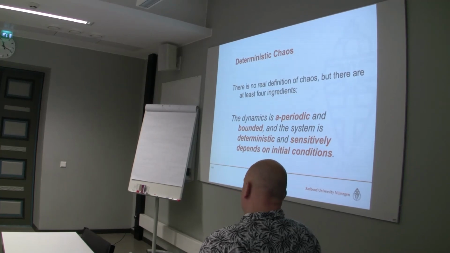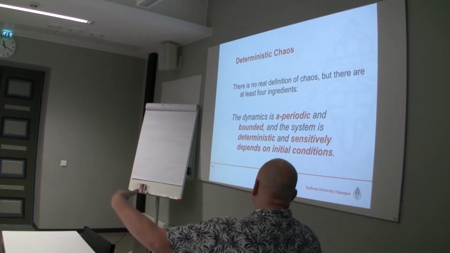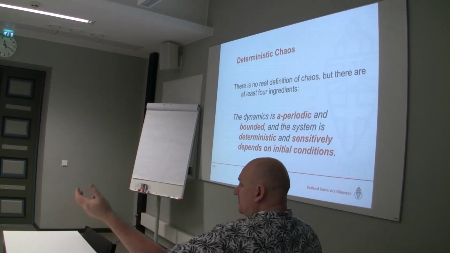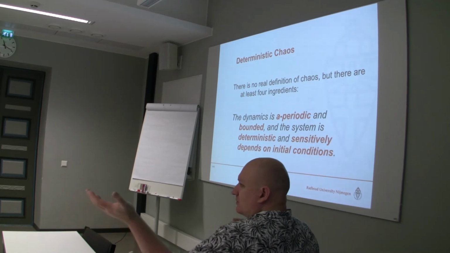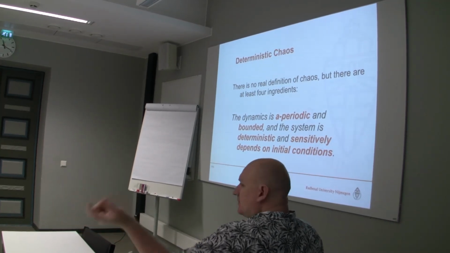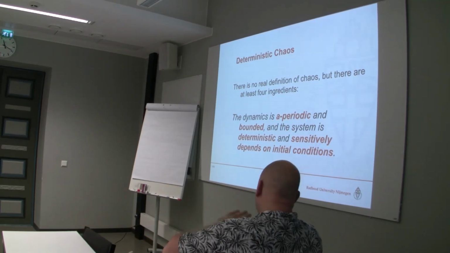So this means that, if you take this parameter setting of 3.9, and I ran it with a very specific value of y0, so I started somewhere at some value. But if you make a very small change to this initial value, you will end up with a completely different pattern.